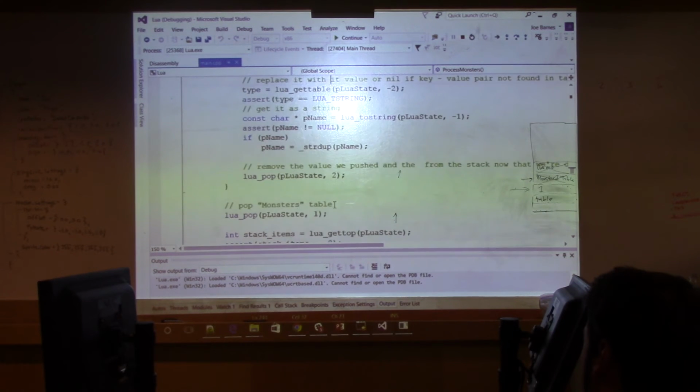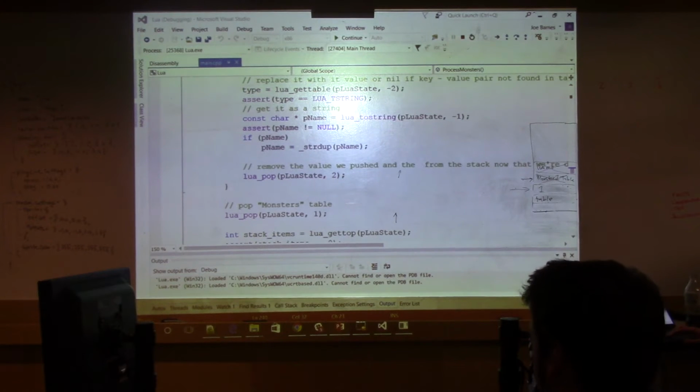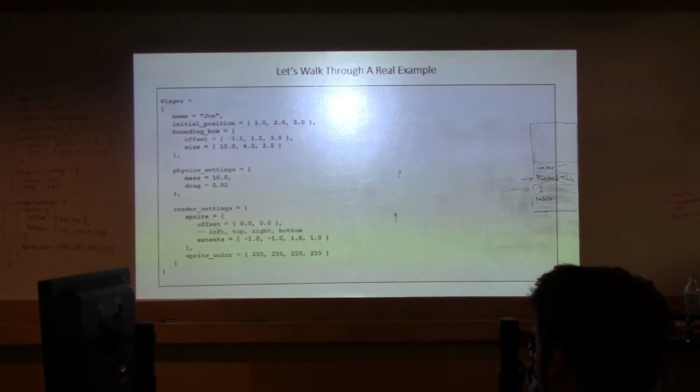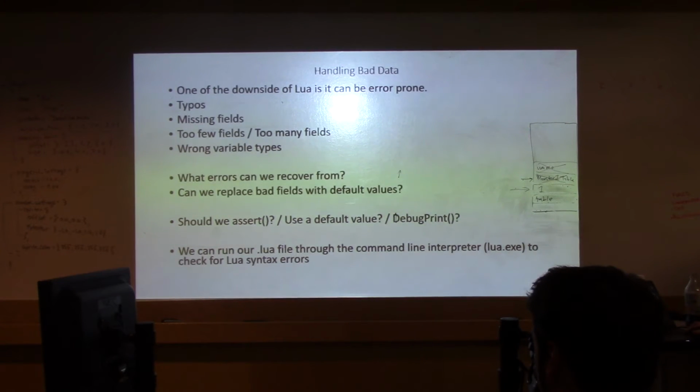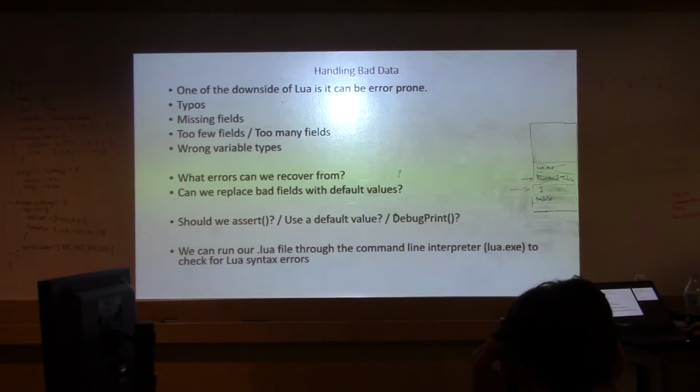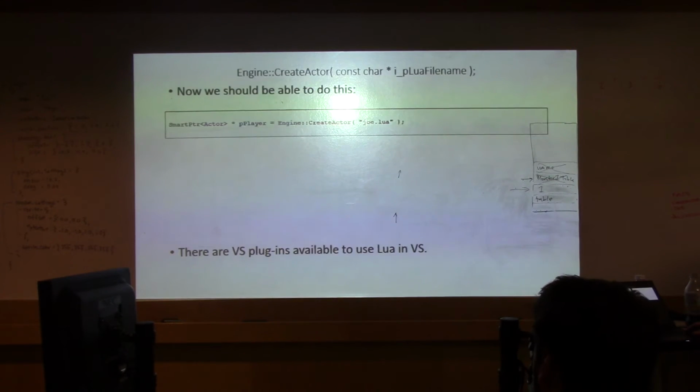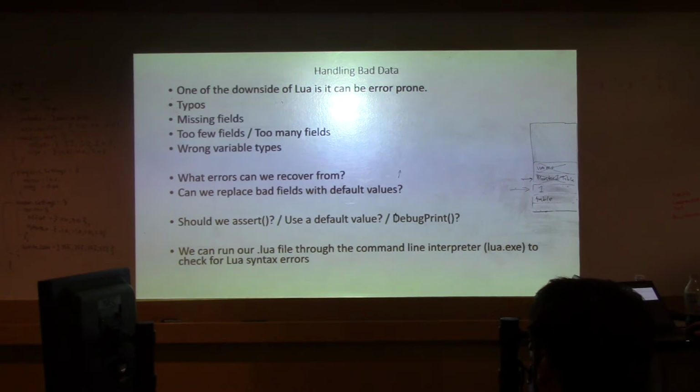So, yeah. So the only other thing, I had one slide here. And one of the things here that we talk about is one of the downsides is it can be error prone. You have typos, missing fields, too few fields, too many fields, the wrong data type. So my question was, what errors can we recover?